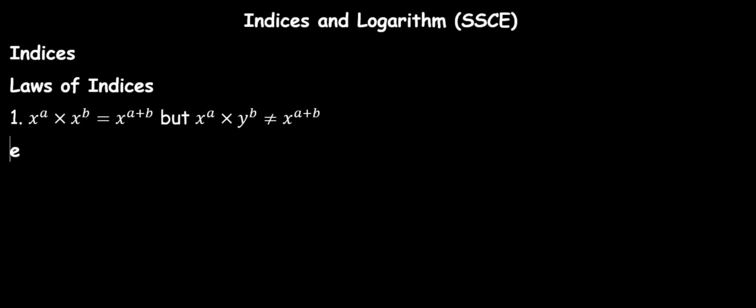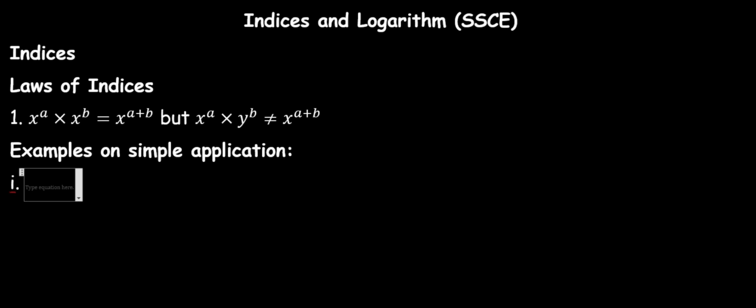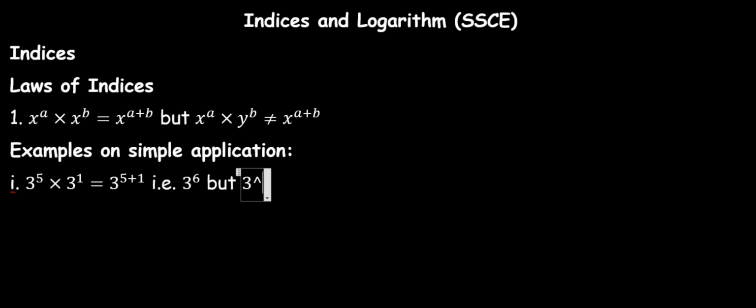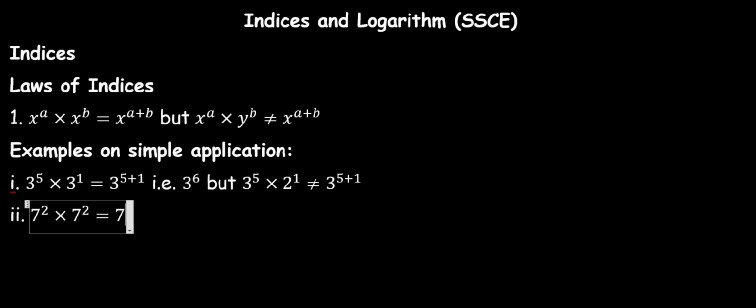Examples on simple application. 1. 3 raised to power 5 times 3 raised to power 1 is equal to 3 raised to power 5 plus 1. That is 3 raised to power 6. But 3 raised to power 5 times 2 raised to power 1 is not equal to 3 raised to power 5 plus 1. 2. 7 raised to power 2 times 7 raised to power 2 is equal to 7 raised to power 2 plus 2 in powers.